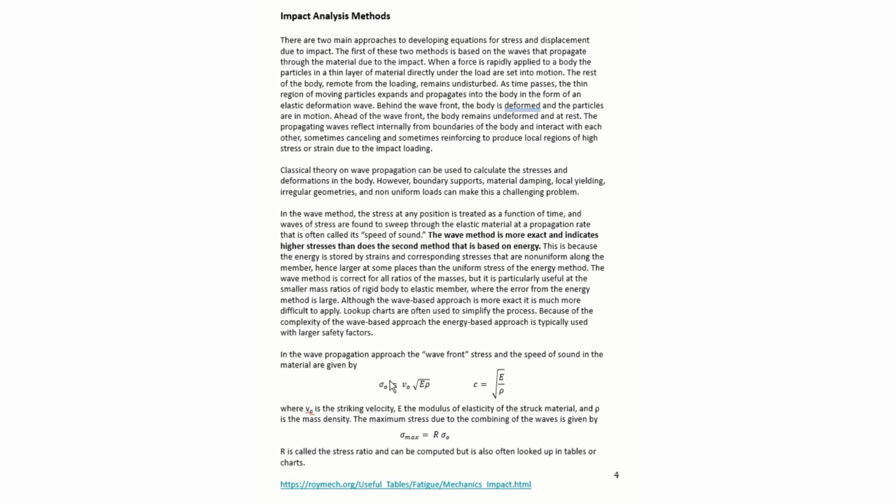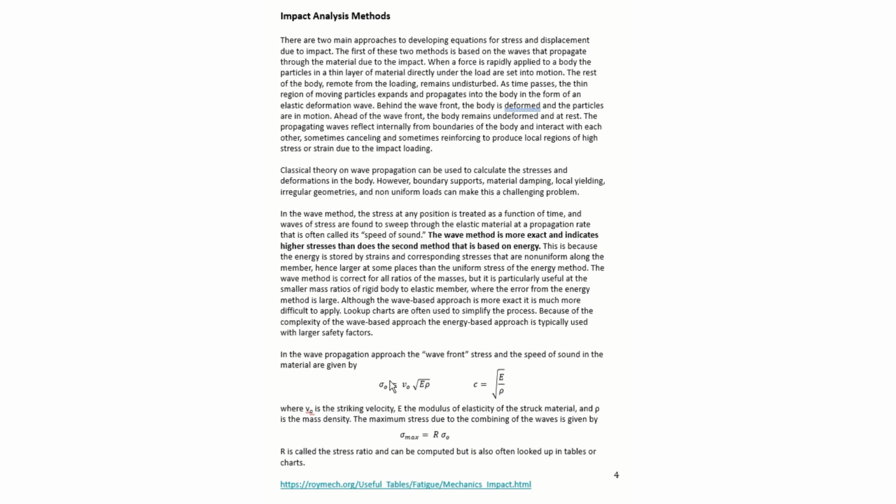And behind the front of that wave, the body and the particles are in motion. And these propagating waves then propagate out from the applied load. They hit boundaries and free ends, and then they reflect internally and vibrate back and forth.